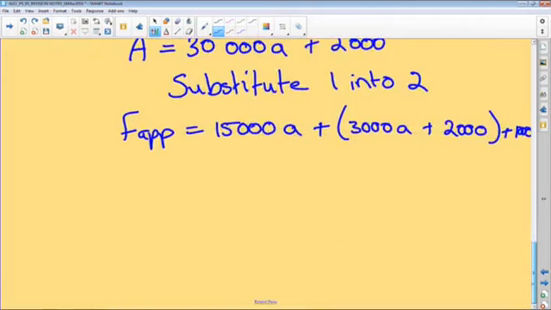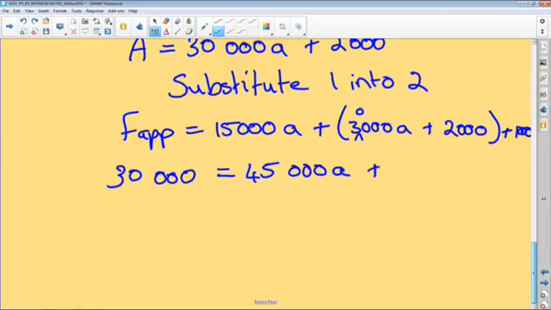Phew, this is getting quite long. So this value here is 30,000 equals, and I'm missing a 0 because there should be a 30,000 there. 45,000 A plus 3,000.